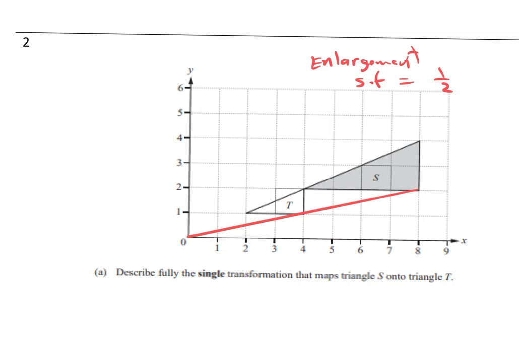It's already drawn, we need to extend the line. They intersect at the origin. So the center of enlargement is the origin, which is 0, 0.